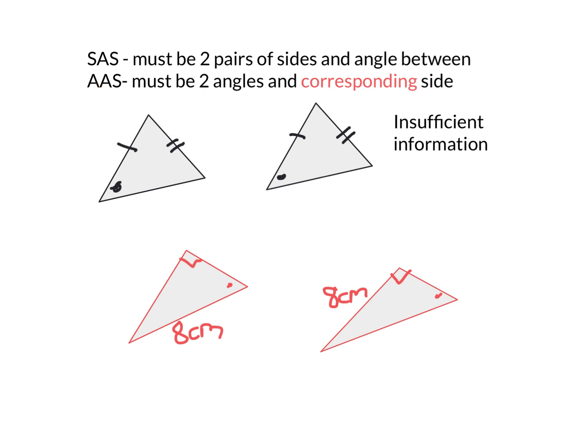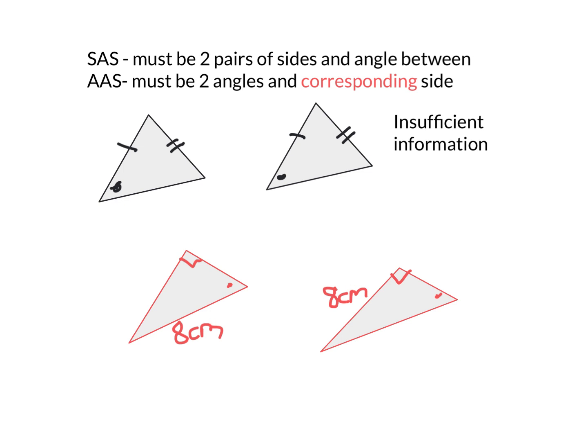As for AAS, as I said, it must be two pairs of equal angles and the corresponding sides. So if I look at these two, they have two pairs of equal angles, and they do have a pair of equal sides. But I cannot use the AAS test. Reason is these two sides are not corresponding.